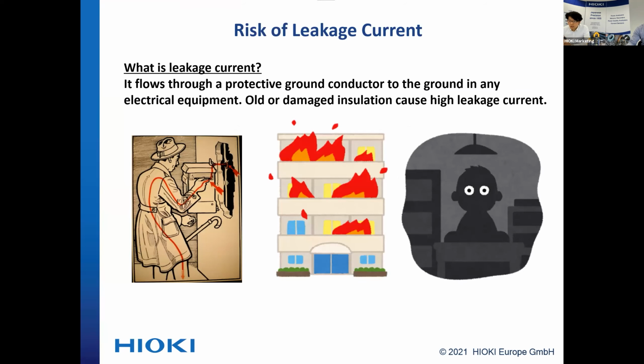So the leakage current is the current that streams from either a DC or AC circuit in an equipment to the ground or framework, and can be from the output or input. Electrical systems usually have very low leakage current or almost zero.